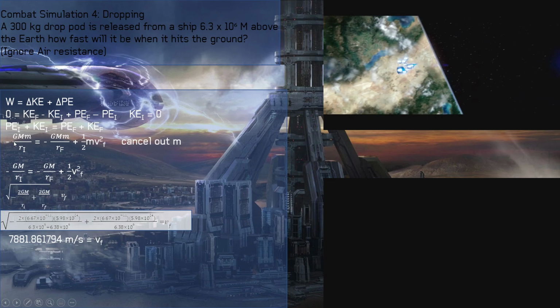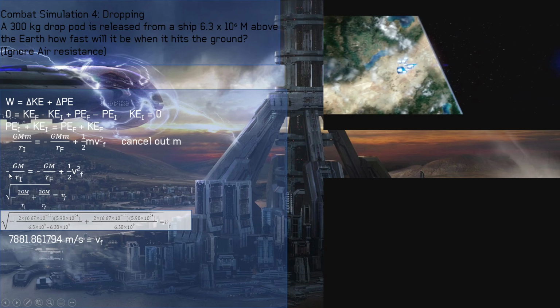So negative GMm over r initial is equal to negative GMm over r final plus 1 over 2 mv squared. Each one of these has a value for small m, in this case the drop pod, so we can cancel out all the small m, leaving us with this equation right here.